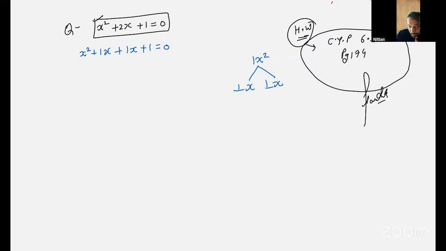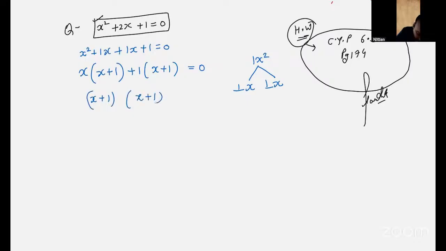Now we take x plus 1 from this, and plus 1. x plus 1 equals 0. Now, what is the common? x plus 1. So we got two factors.